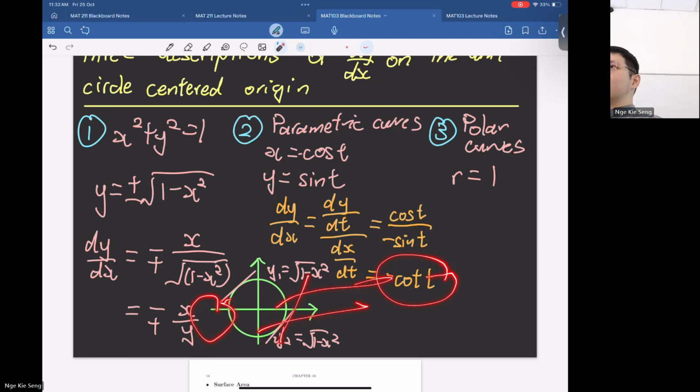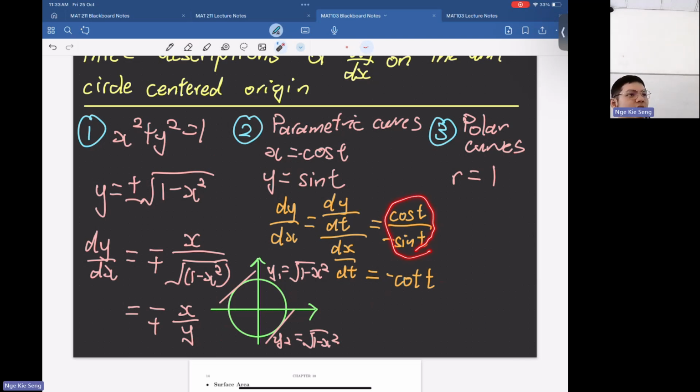Same? Why same? Cotangent t equals cos t over sine t. But we have the description of x and y in terms of cos t and sine t. So it's actually equal to negative x over y also.